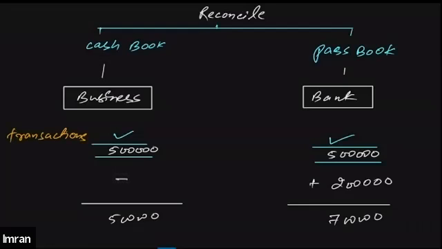Similarly, there are situations where a certain transaction might be recorded in the cash book only, but the bank did not record or reflect it in the passbook. This will again cause a difference between the cash book and the passbook at the end of the month. So the purpose of the bank reconciliation statement is to rectify the errors or reconcile the cash book and passbook after identifying the problem because of which they are not matching. I hope this is clear now.